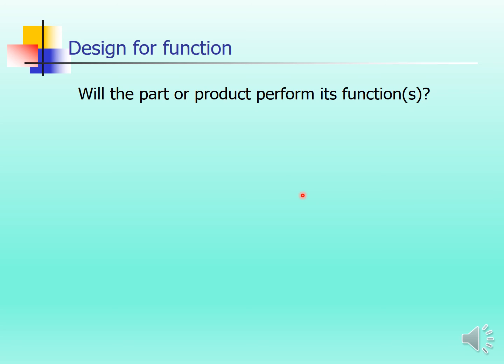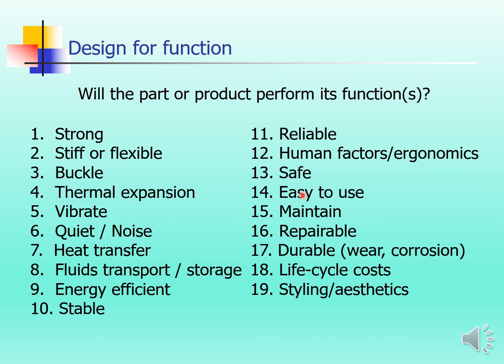Will a part of the product perform its function? This is some examples of function. We can categorize them as strength, stiffness, visibility, buckling, thermal suspension, and so on. There are so many functions.